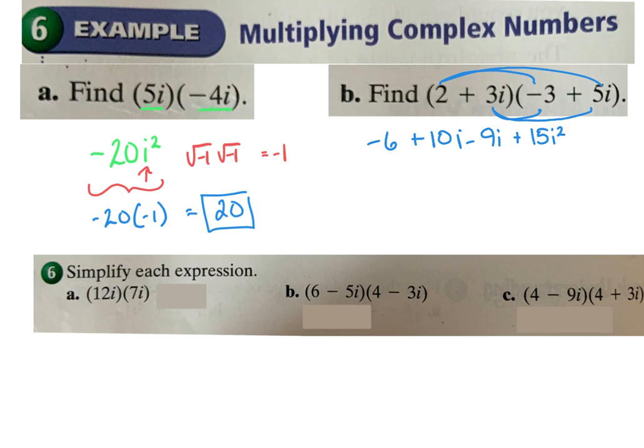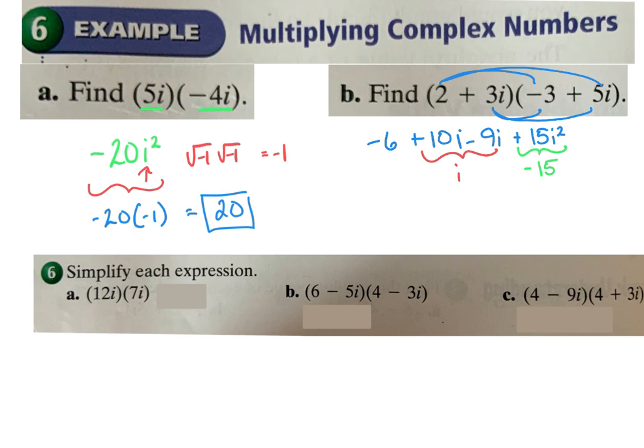Now, I can simplify a couple things here. First of all, positive 15 times i squared is going to be what? Positive 15 times negative 1. So this is going to become just negative 15. We're going to lose the i completely. Okay? And then I have some like terms here, 10i and negative 9i. So my 10i and negative 9i combine to just 1i, right?